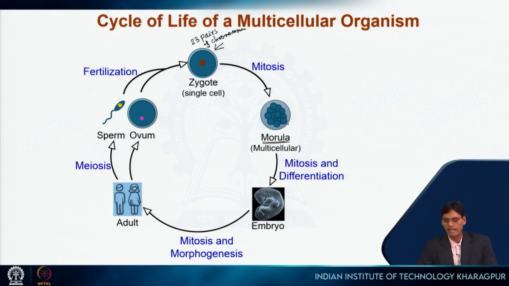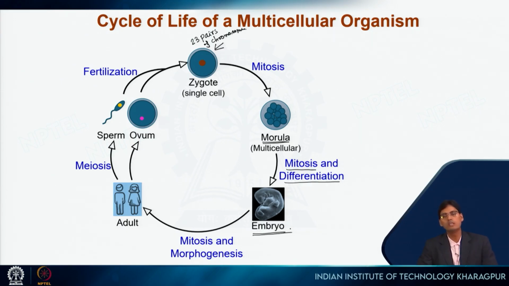As a result, they will undergo mitosis again and differentiate into different cell types, as well as form some organs, and finally we will have the embryo. So these are the early developmental stages. All these things are happening because of the mitosis division.